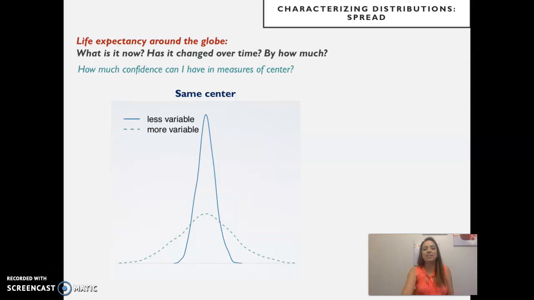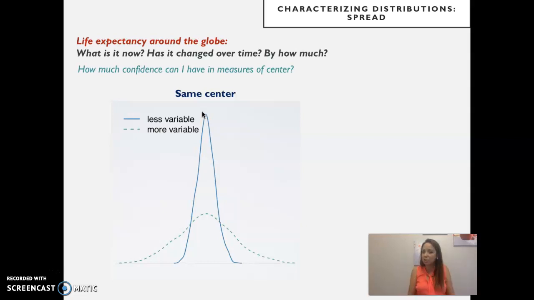If you said the center estimate would be more precise on the blue distribution, you're absolutely right, because the deviations around that are expected to be quite small. So you would have on average 70 years of life expectancy, and the variation would be not too much above that and not too much below that.